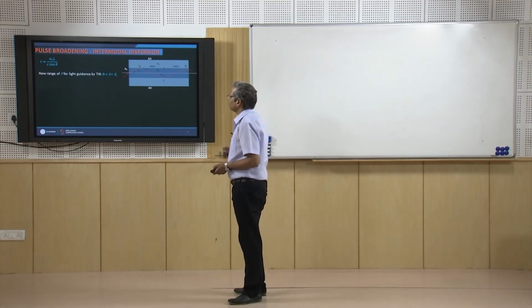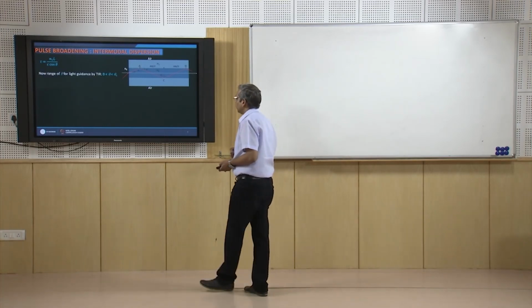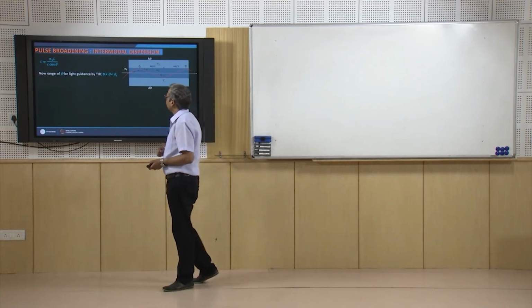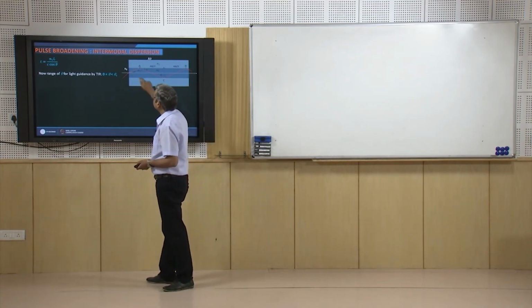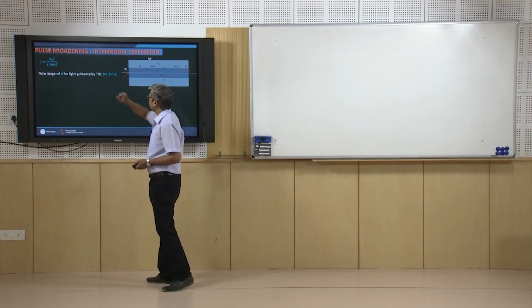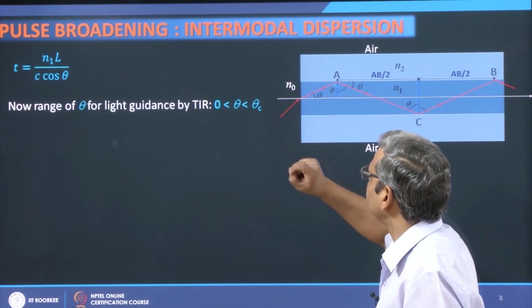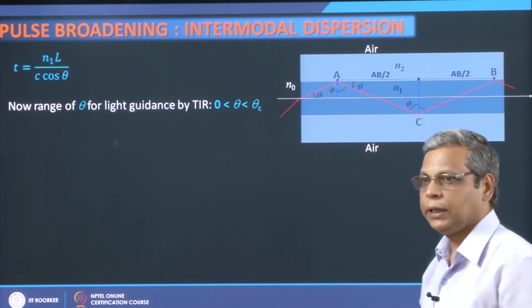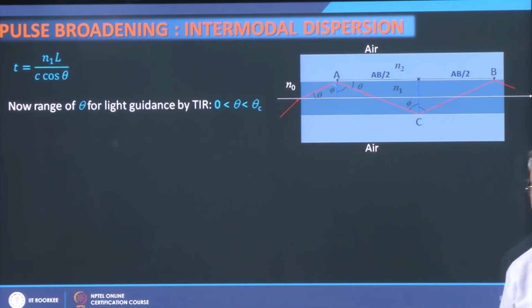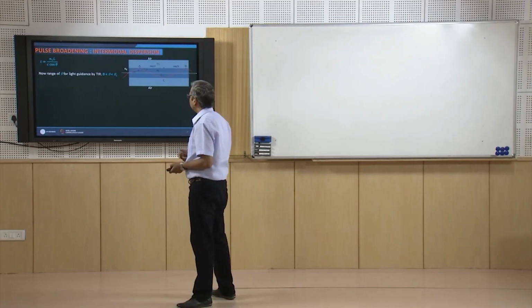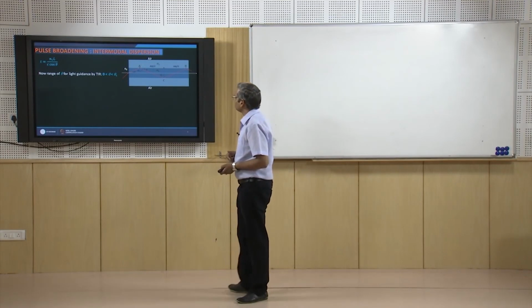Now what is the range of theta for light guidance by total internal reflection? You can have an axial ray, which corresponds to theta equal to 0, and then you can have a ray which corresponds to theta equal to theta c, which in turn corresponds to the critical angle.